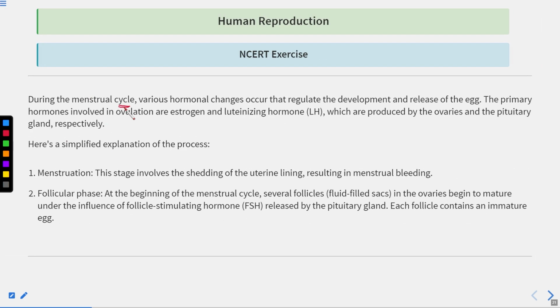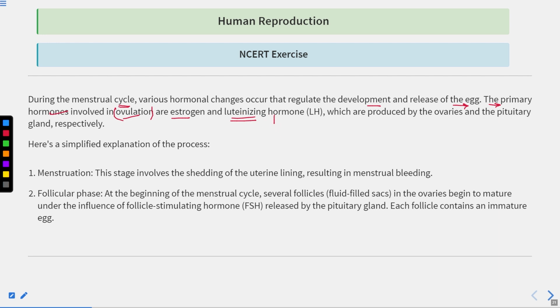Now during the menstrual cycle, what happens? Various hormonal changes occur that regulate the development and the release of the egg. The primary hormones involved in ovulation are estrogen and the luteinizing hormone. So these two hormones are involved in the release of the ovum. Clear? So what happens?